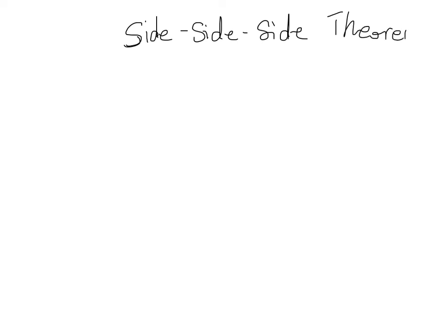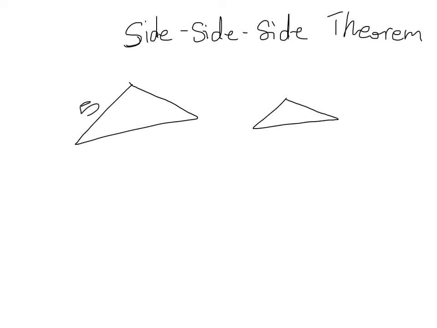Another way to check for similarity in triangles is to use the side, side, side theorem, SSS theorem for short. It's exactly what it sounds like, but I'll explain. As you know, we need to have pairs of corresponding sides in order for polygons to be similar. So let's say we have two triangles, and let's say this is 5, this is 4, and this is 7.